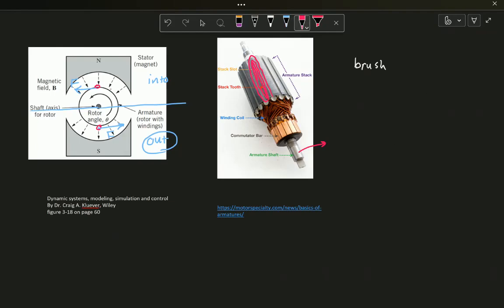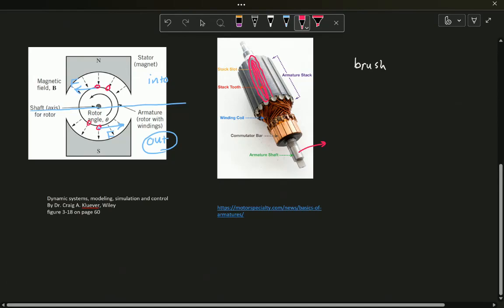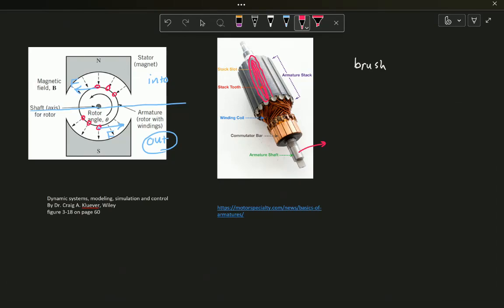Now look at this. This was just one wire. Assume these two wires. All of these wires on the top and all of these wires on the bottom are going to have some torque applied on them, which we're going to talk about in a bit. And these torques are going to be added to each other, and at last they're going to give you a mechanical motion.